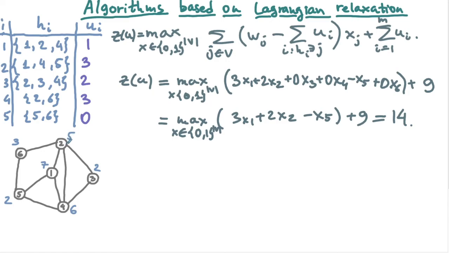So for example, we could have a greedy heuristic where we would recursively drop a vertex that has the highest value of the total weight of neighbors minus its own weight. So if we apply this heuristic to our case, then the solution that we obtain will be just vertex 1. But then we could apply some local search heuristic to improve on that solution.